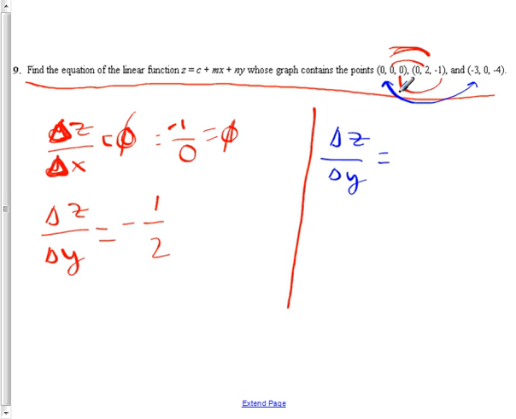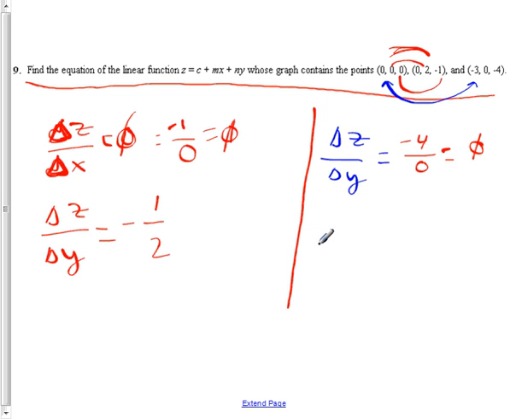Similarly, looking at the first and the third points, my change in z is negative 4. My change in y was 0. So dz/dy here is undefined because my y is fixed.